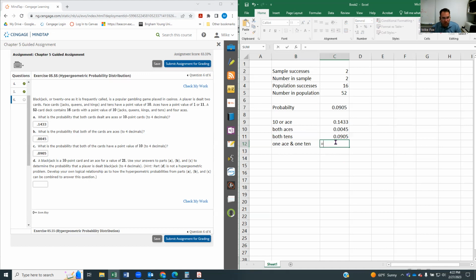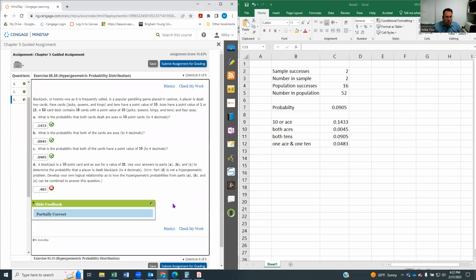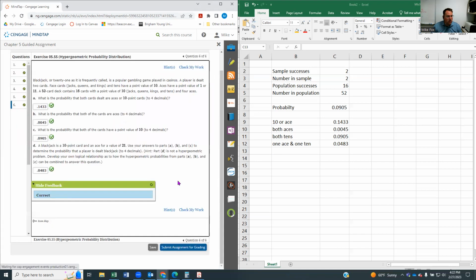Okay, so I'm just going to say this is the probability that it is 10 or ace minus the probability that they're both aces minus the probability that they're both tens gives me the probability of getting a blackjack, which is slightly better than almost 5%. So slightly better than 4%, actually 4.8%. So 0.483. Let's check our work. And hopefully, oh, it's 0.0483. That was my bad. Don't forget your leading zero there. Let's check our work. And now we're good.